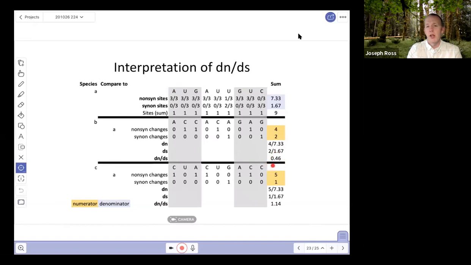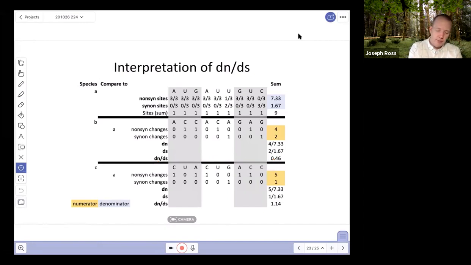And because this is less than 1, that means this is a fraction. dn over ds is smaller than 1. That means there are fewer non-synonymous changes. The numerator is small compared to the denominator, the number of synonymous changes. So this gets back to the idea of what's happening in natural selection.